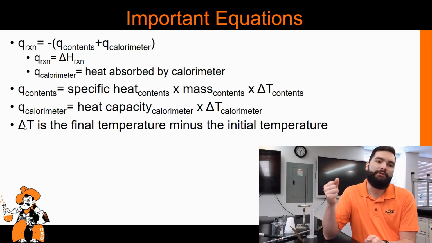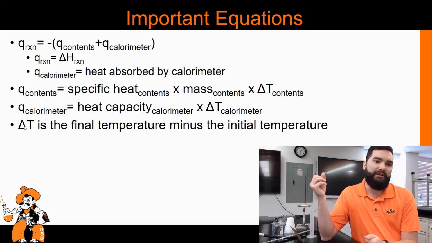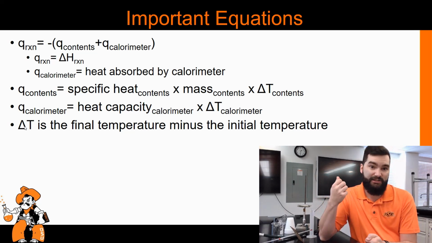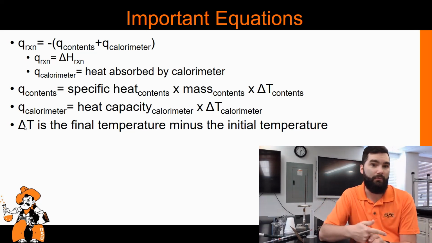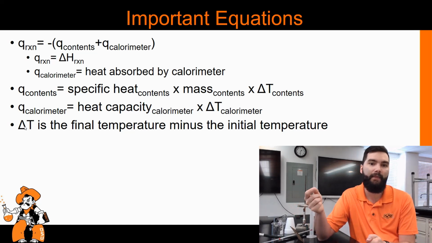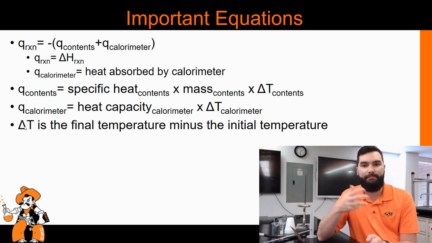Okay, so to get the heat of the contents, you have to have the specific heat of the contents. So whenever we're dealing with part 1, we're going to use the specific heat of water, which is 4.184 joules per gram per degree Celsius, times the mass of the contents.